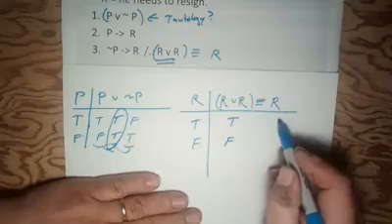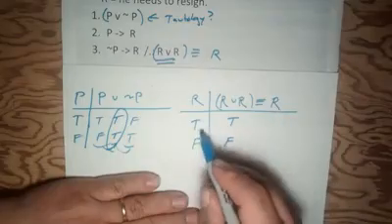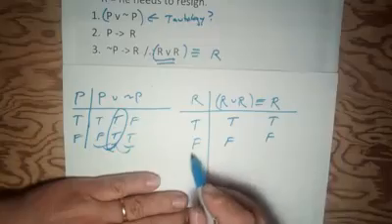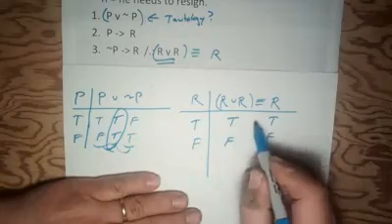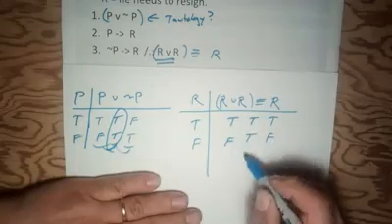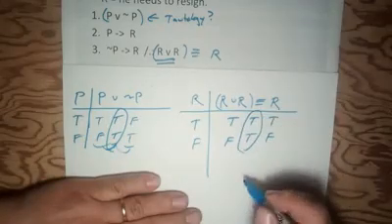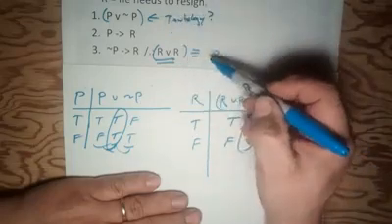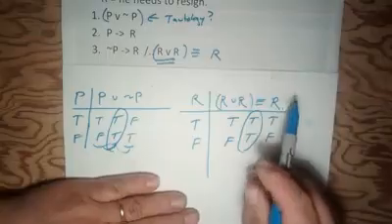On this side of the equivalent, we would just repeat those values just to be clear where everything's coming from. And then is true the same as true? Yes. Is false the same as false? Yes. And so we have a tautology there as well. Okay, so that settles those two issues.